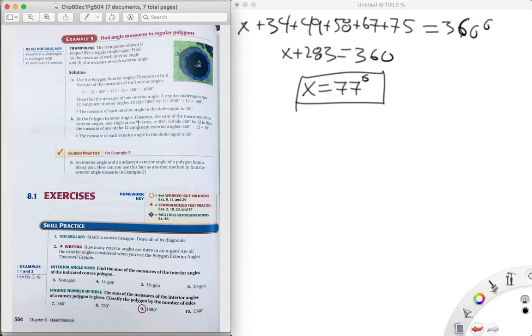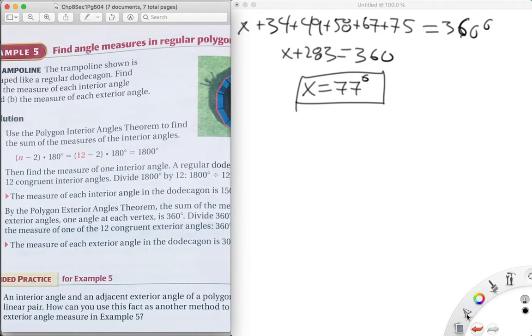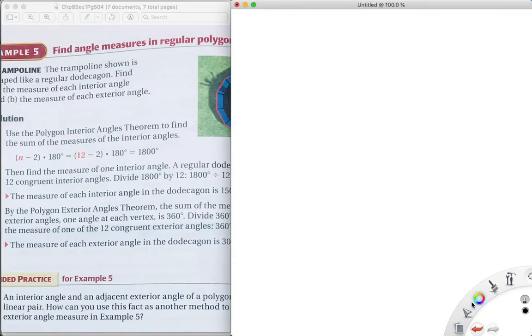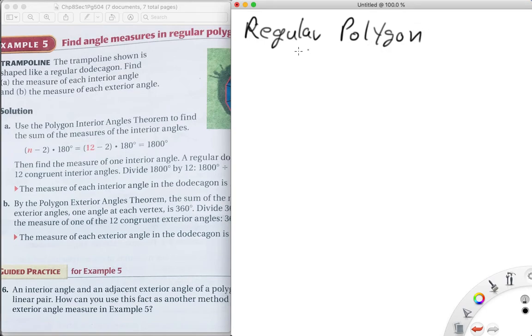Alright. They don't specifically write the equation down here in this section, but there are two other equations. The other equation is if we have a regular polygon. We've had this definition before: a regular polygon is a polygon that has two conditions.